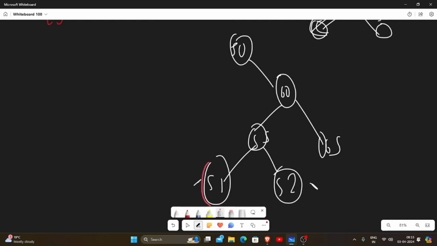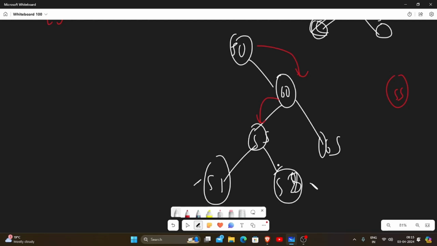Now you can see 51 and 52 are greater than my root node. So can I move right? Yes, I would move right because both exist on the right subtree. So I came here to 60. Now I check 51 and 52. They are both lesser than my root node, which means they both reside on the left subtree. Yes, I came to the left. Now I'm at 55. Okay, take this value as 58.